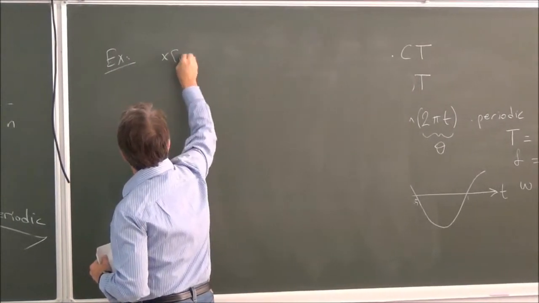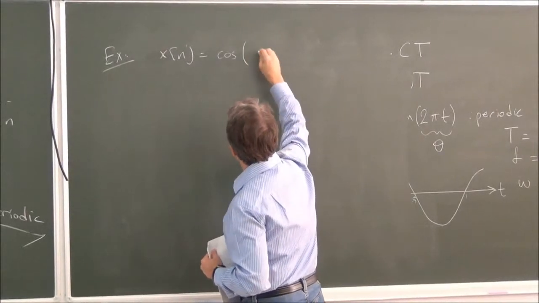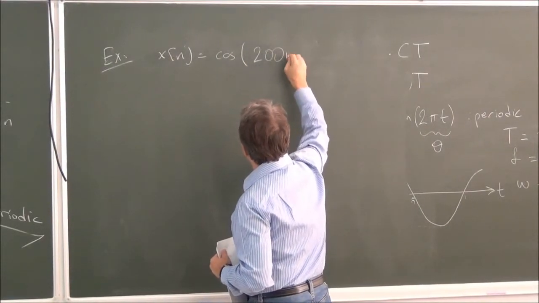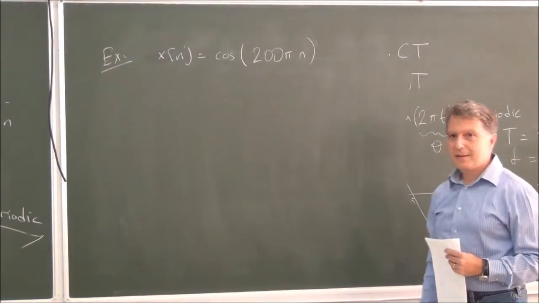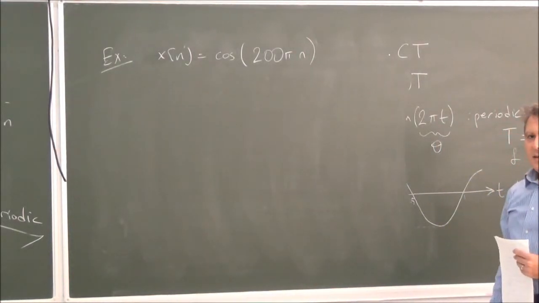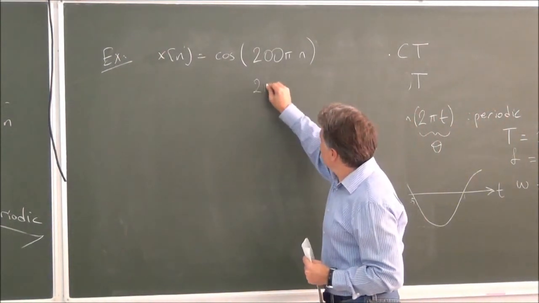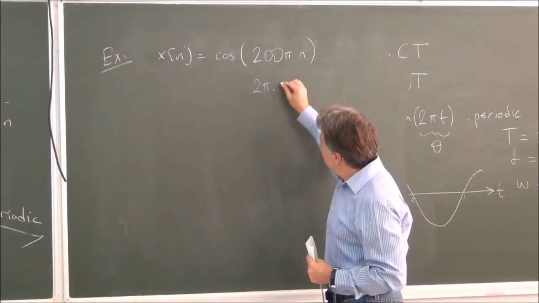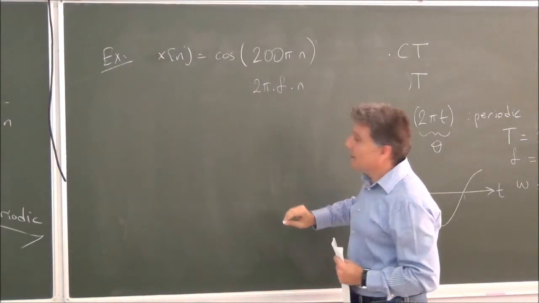Again, x of n is equal to cosine 200 pi n. Now we know that inside it is 2 pi times a discrete time frequency times n.